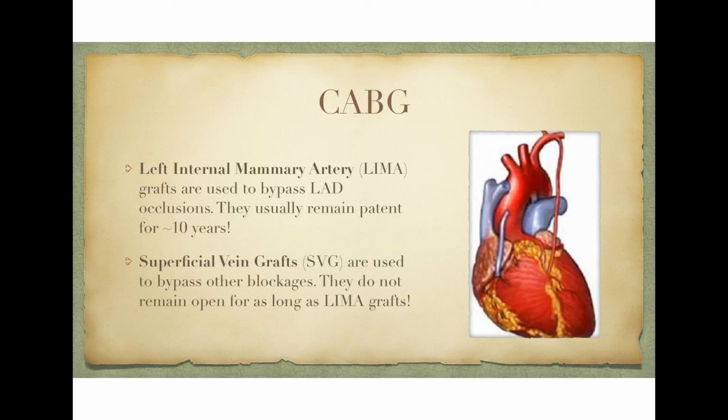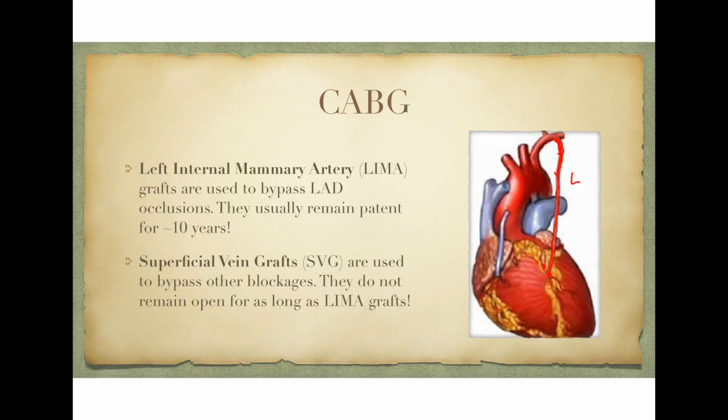Here's a diagram of how that looks. So here's a LIMA graft coming directly from the aorta, which is coming off the left subclavian artery, and it's coming all the way down and attaching onto the LAD just after an area of blockage right here.